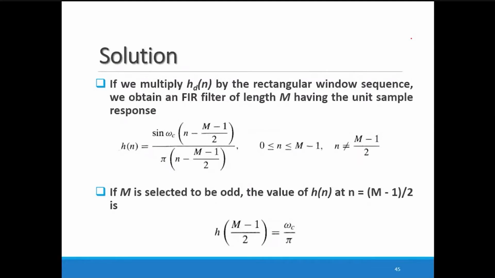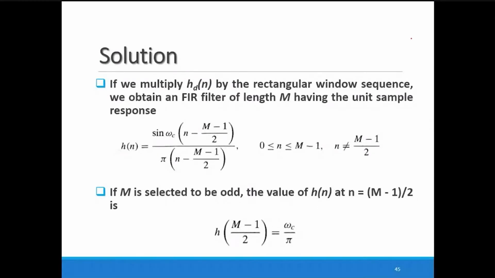So you are multiplying h_d(n) with the rectangular window function to obtain h(n). Your h(n) will be sine omega c (n minus (M minus 1)/2) divided by pi (n minus (M minus 1)/2), where 0 is less than or equal to n less than or equal to M minus 1, and n is not equal to (M minus 1)/2.